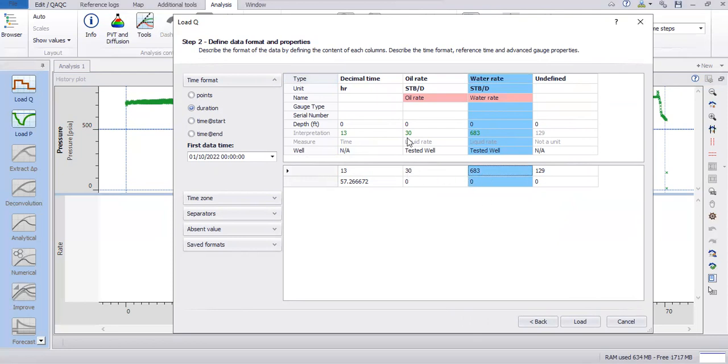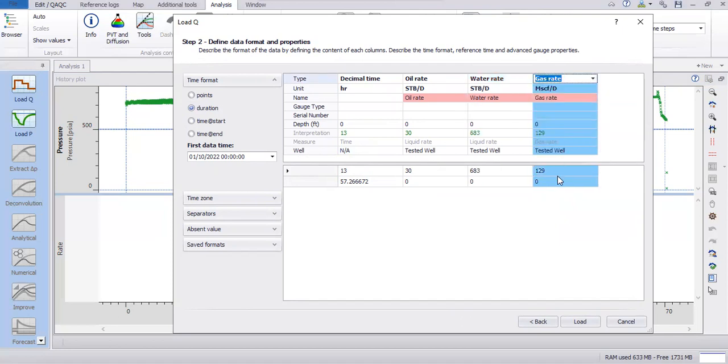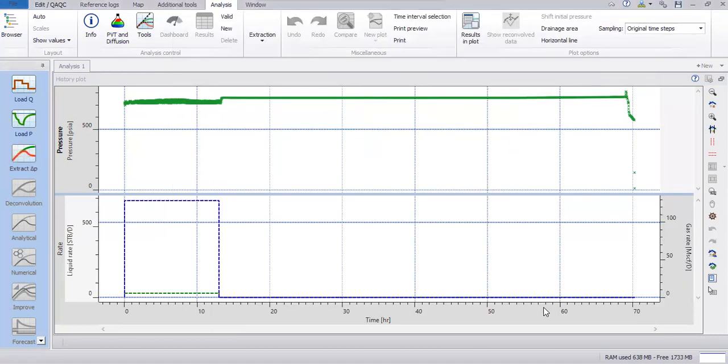It's 30 for the oil, and for the water it's only 680. Relatively speaking, it's quite low. Load. Okay. All right. And then of course we are going to need to perform edit QAQC.